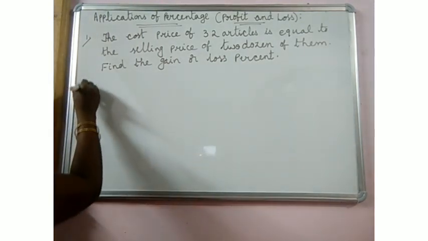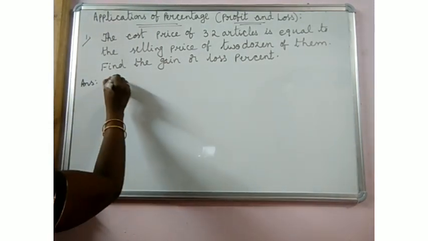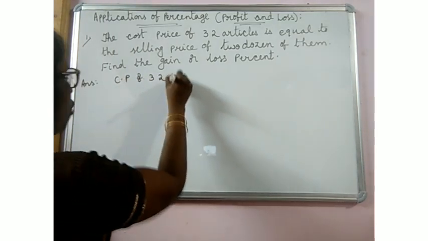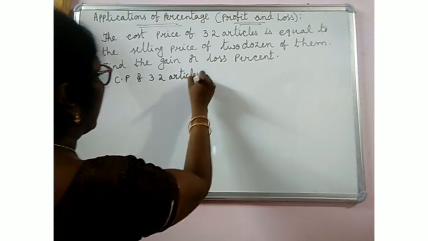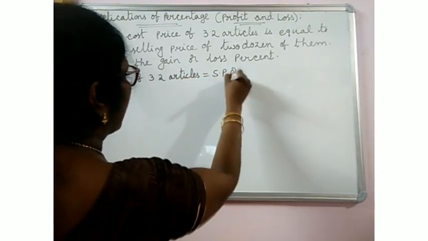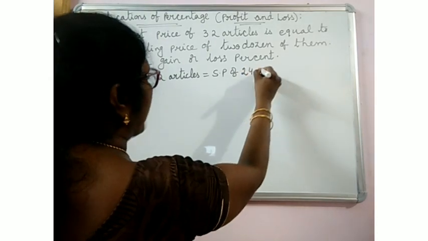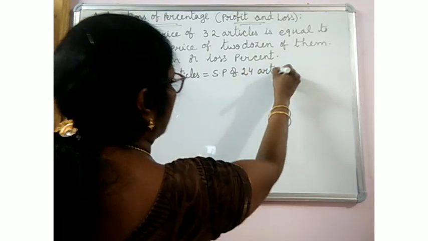Very interesting question. What is given is the cost price of 32 articles is equal to the selling price of 2 dozen. You know 2 dozen means 24 articles. Yes or no?